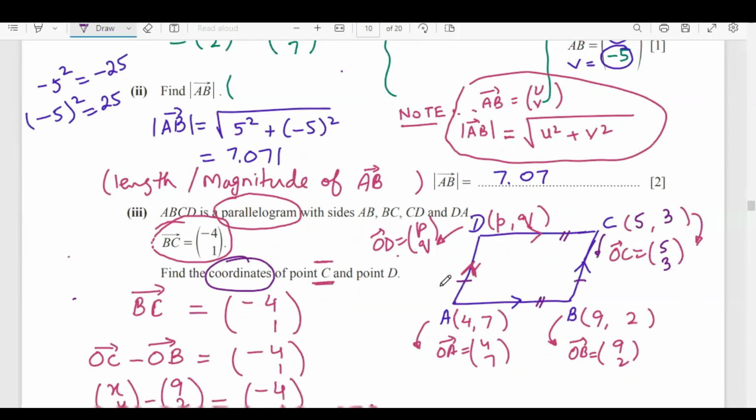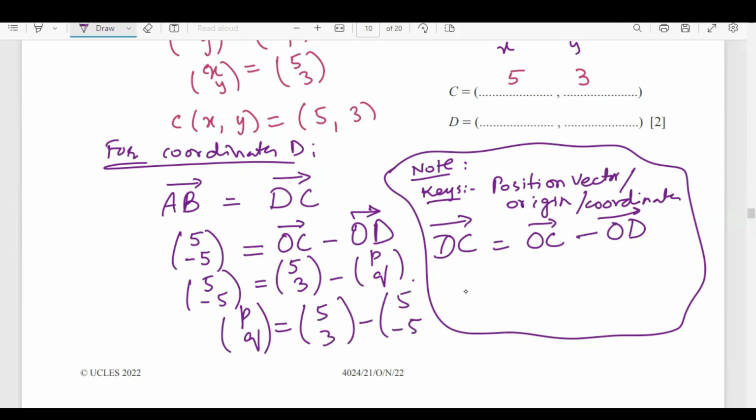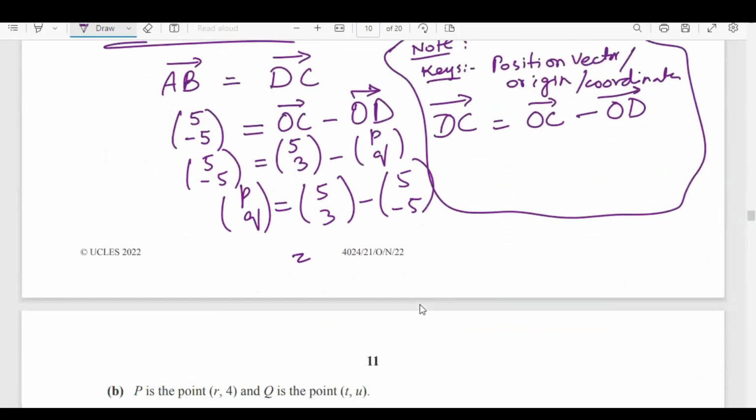Now, 5, minus 5 equals 5, 3 minus P, Q. After simplifying these 2 by 1 matrices, 5 minus 5 is 0 and 5 plus 3 is 8.